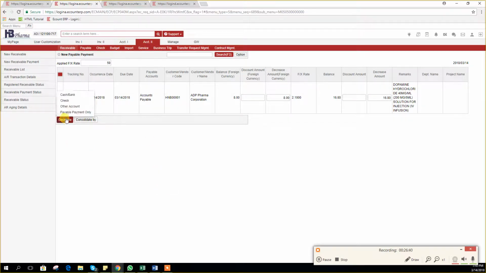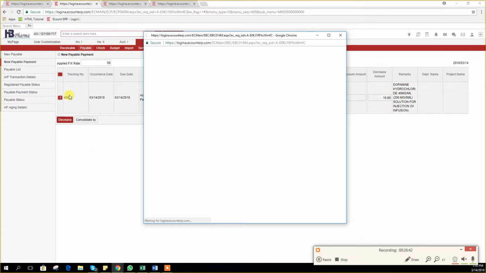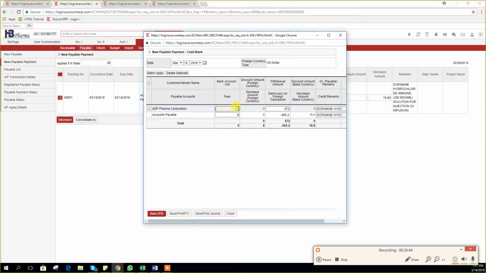So now we can go and pay off our supplier. You see now we are making a loss in foreign exchange because the value of peso has dropped. What to do? So now you put the bank charges and everything.